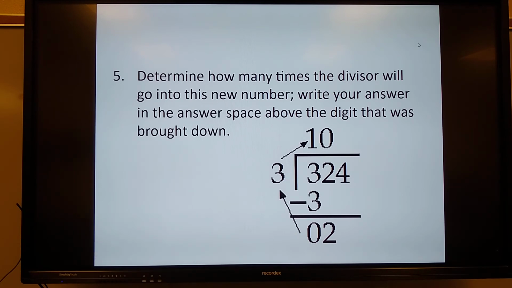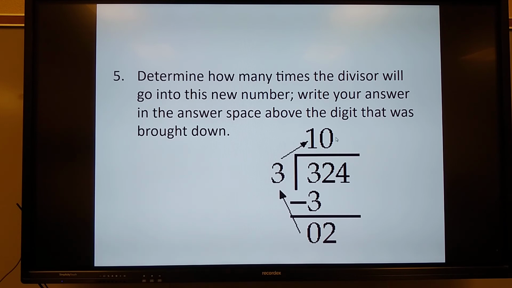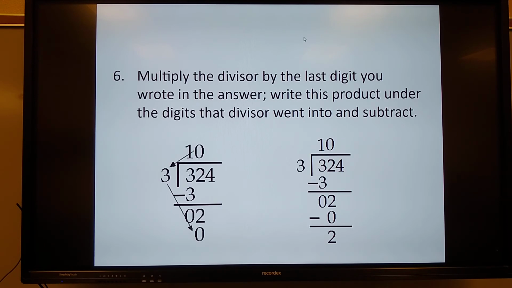Determine how many times the divisor will go into the new number. Write your answer in the answer space above the digit that was brought down. I'm dividing again. 3 will go into 2 0 times. That's divide, then I multiply. Then I subtract, then I bring down. Multiply the divisor by the last digit you wrote in the answer.